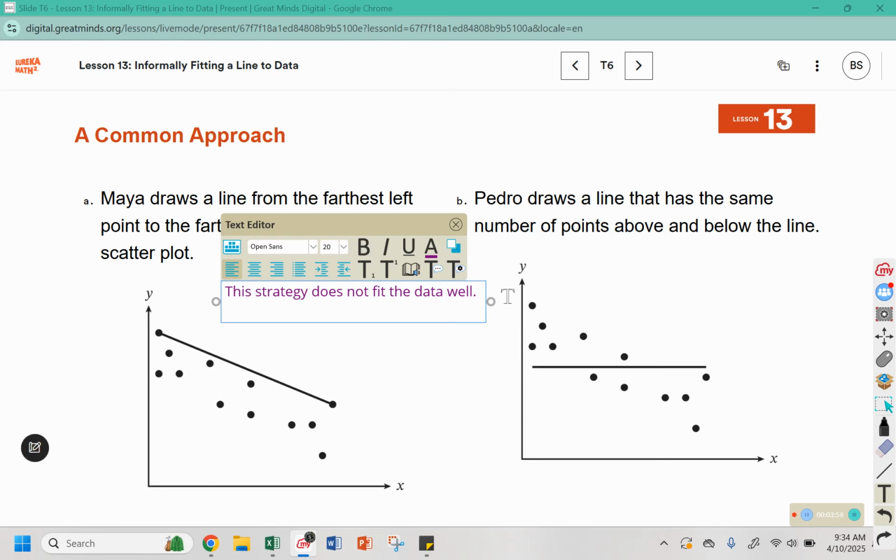You can see that most of the points are below the line. Some points are close to the line, but others are far from the line.